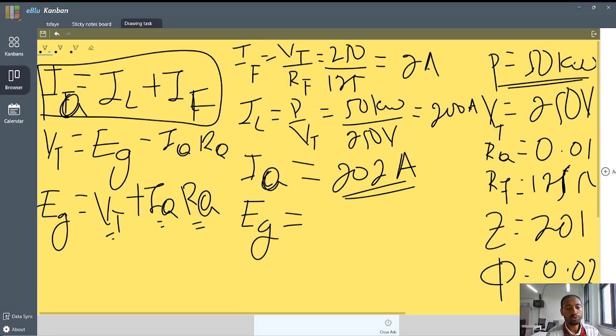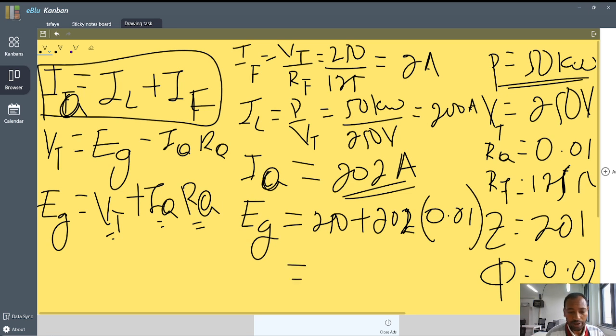Now we can directly get EG. EG is going to be VT, which is given as 250, plus IA, 202, times RA, which is already given as 0.01. So our EG becomes around 252.02 volt.